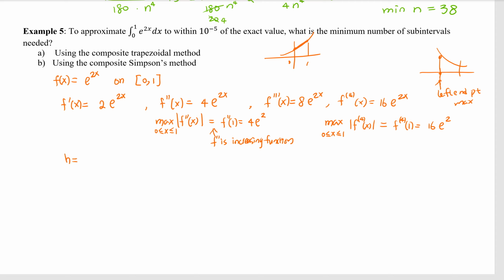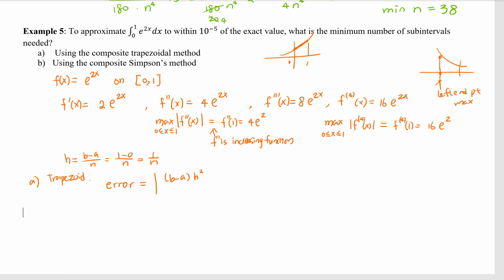So h in this case is (b minus a) over n. b is 1, a is 0, so that is just 1 over n. So, the trapezoid method. Okay, so the error, if you can remember, if you don't remember, it's okay, I'll provide that in the exam.